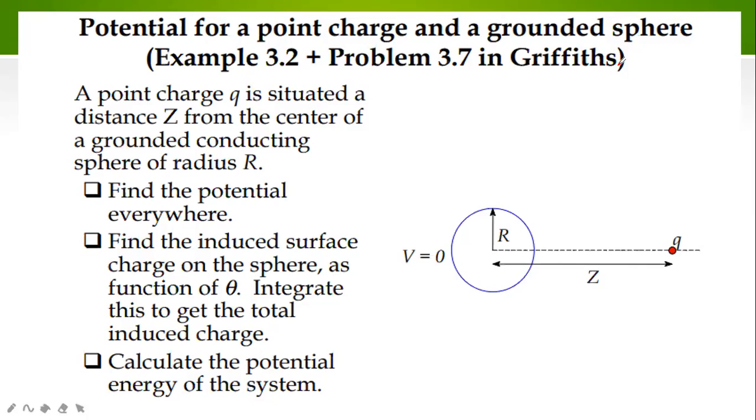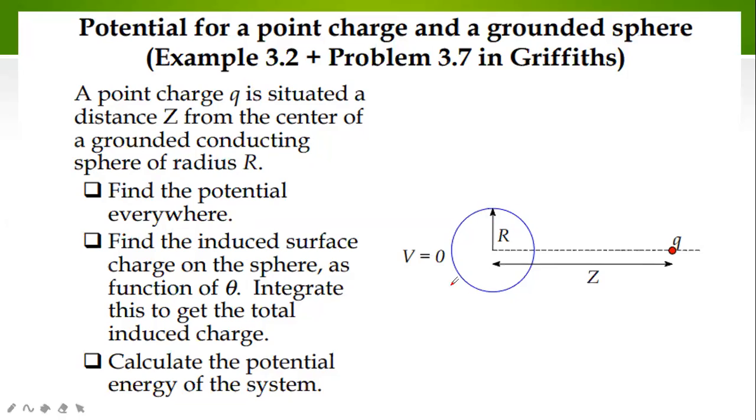So please guys, you will solve those, and this is your example 3.2 and problem 3.7, both are the same. From your chapter 3 of Griffiths, there was a problem. A point charge q is situated at a distance z from the center of a grounded conducting sphere of radius r.